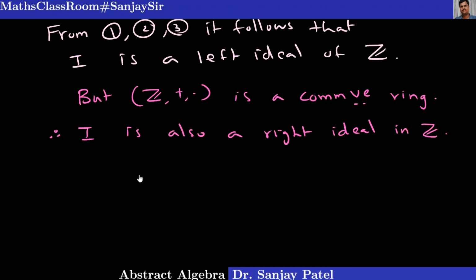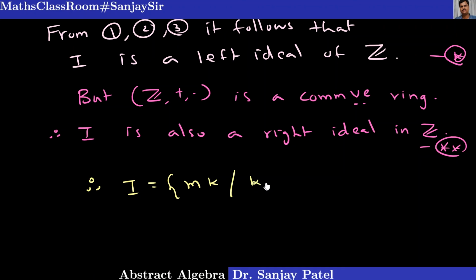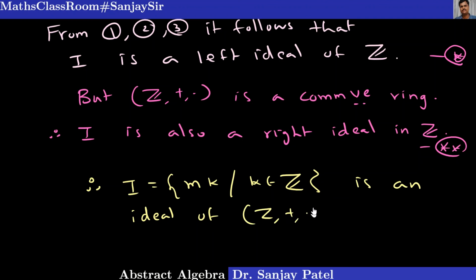So from these two things, I is a left ideal and I is a right ideal, we can say that the set I, which is defined like this, m into k, where k belongs to Z, is an ideal of the ring Z plus dot.